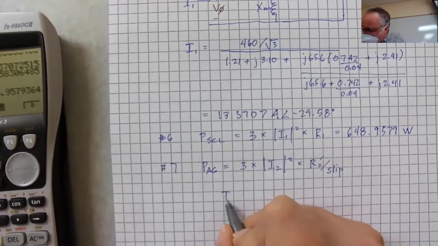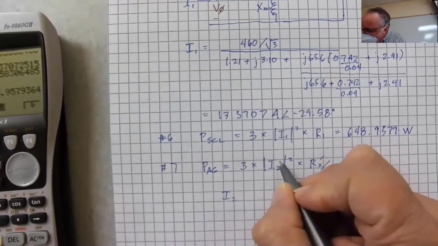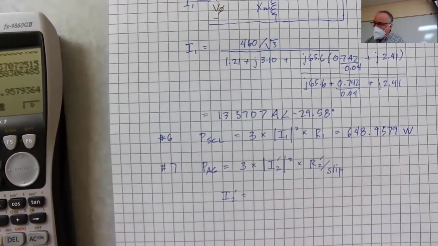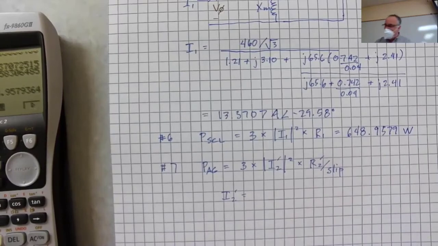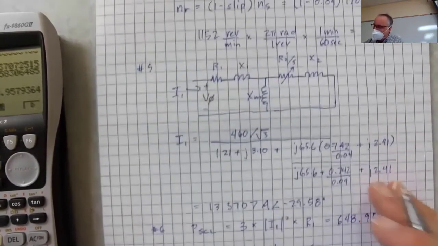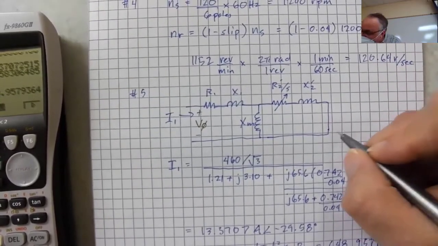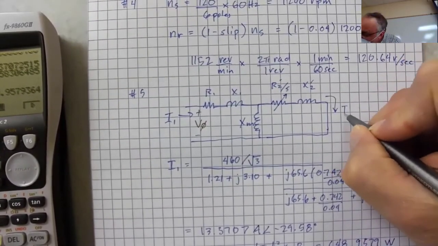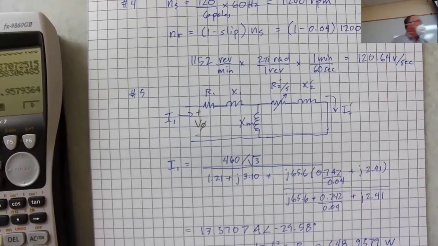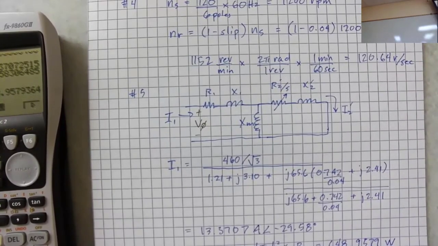So we have to figure out what I2 prime is. And that, again, is going to be the impedance on this parallel branch. So going back up here, I2 prime is right there. So we're going to use current divider to come up with this current. So we'll take this impedance over the sum of the impedances times I1.